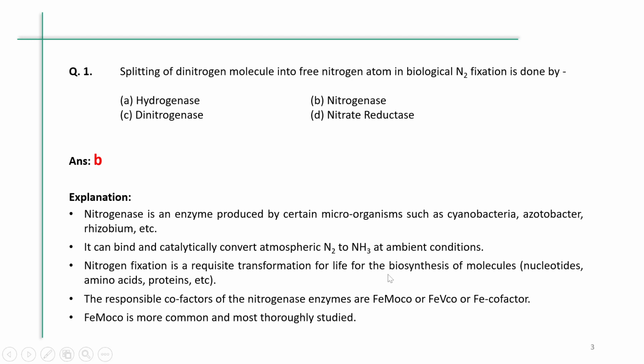This process of converting nitrogen to ammonia is called nitrogen fixation, which is a very requisite transformation for life sustaining, because all the biosynthesis of biomolecules like nucleotides, amino acid, proteins, they need nitrogen. Animals and plants are not able to bind the aerial nitrogen, so they need some nitrogenous source.